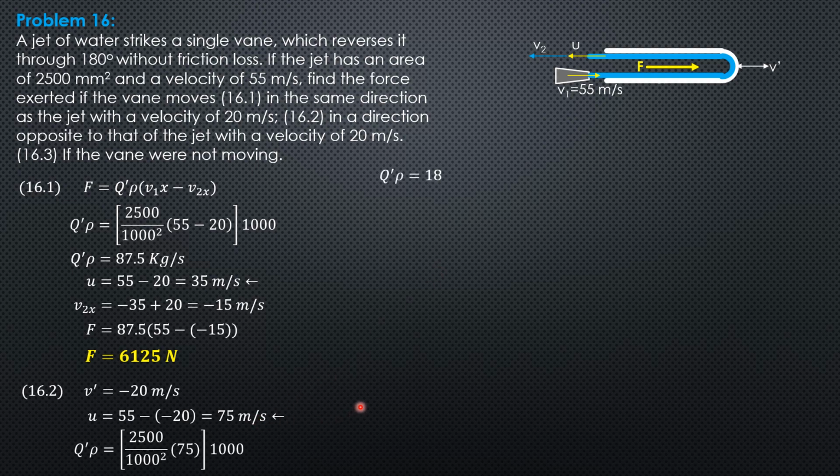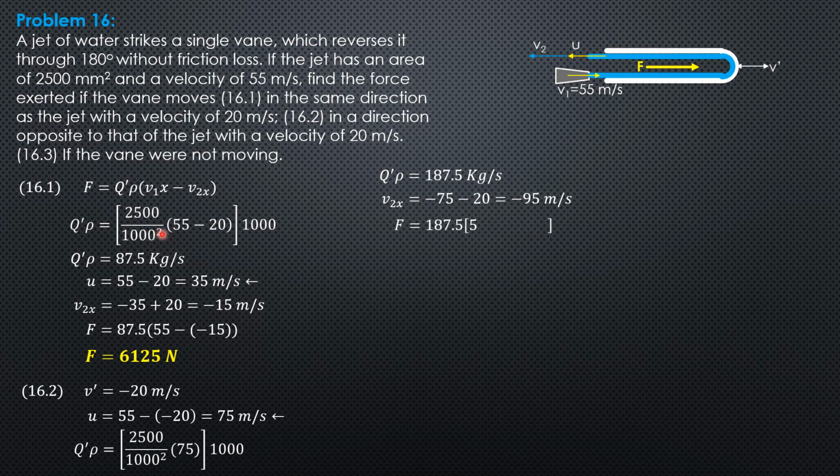So this time Q prime rho is 187.5 kilograms per second. Then V2x is U, which is leftward, negative 75. Then V prime is also leftward, which is negative 20. So negative 75 minus 20 is V2x, which is negative 95 meters per second.